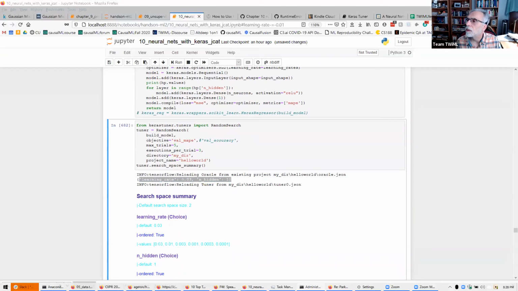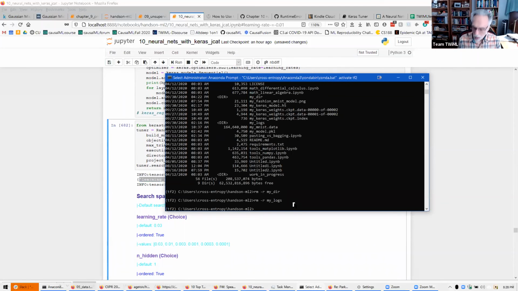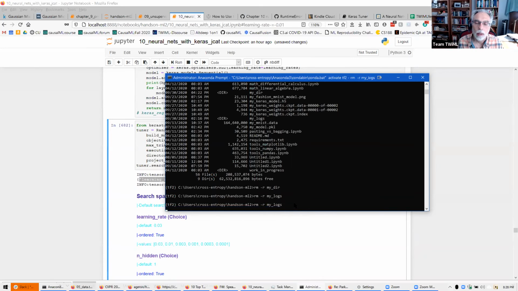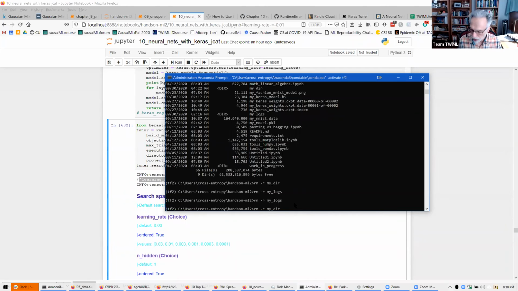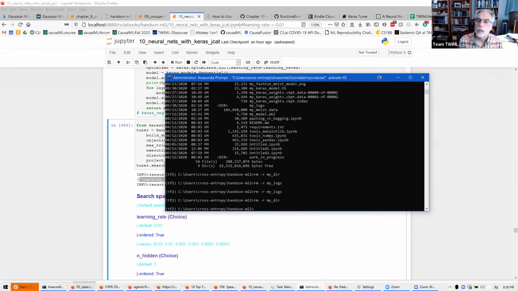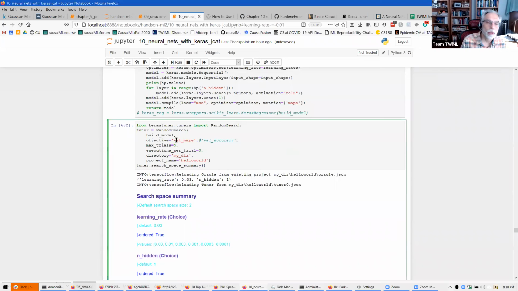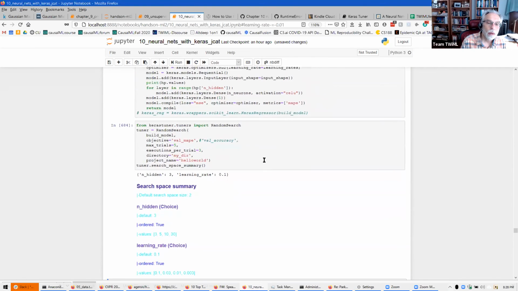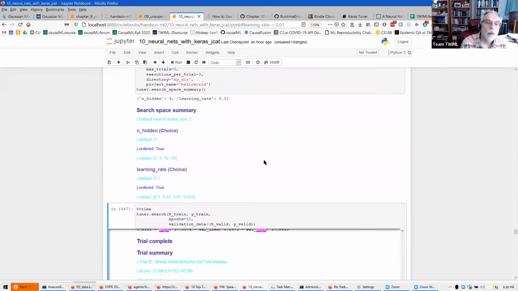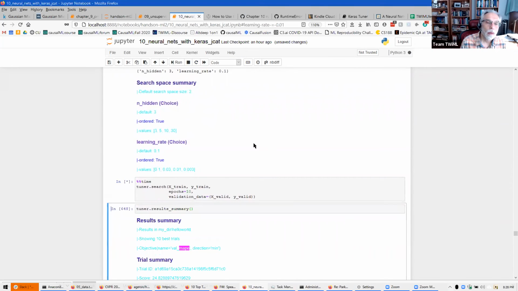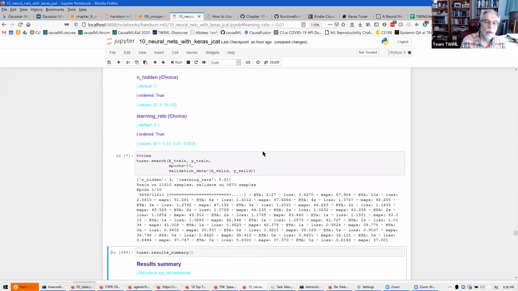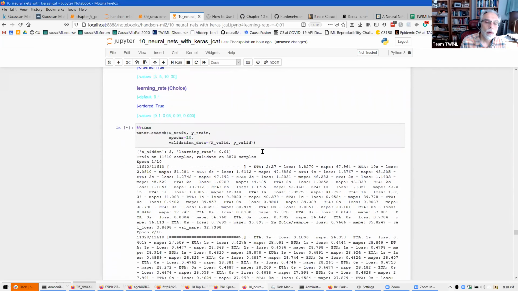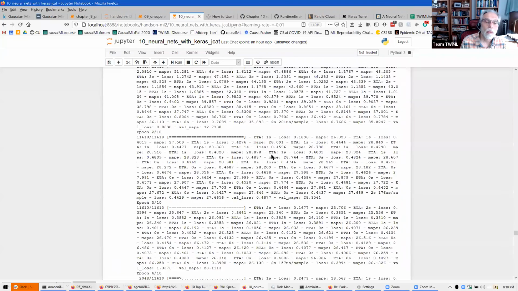I'm just going to remove this directory, my logs, because that's where the logs were stored, and my dir, where it was saving everything. So now I'm going to force it to do this again. It doesn't get to reload anything; it has to compute from scratch. So now it's doing that.